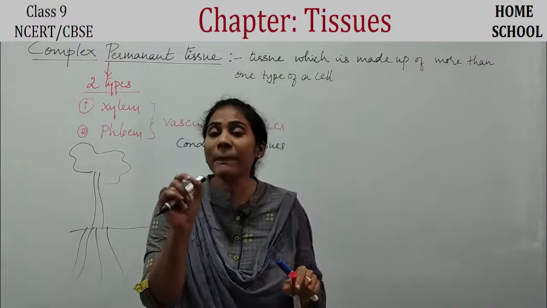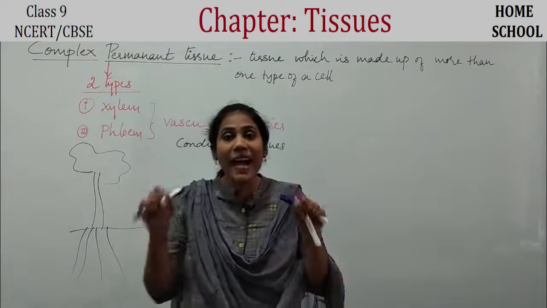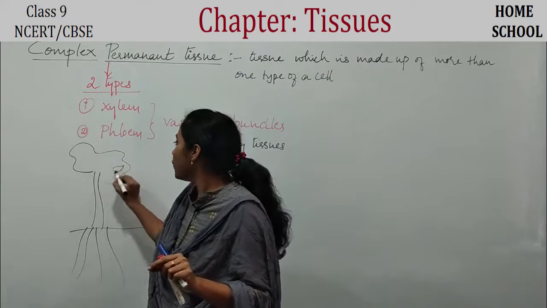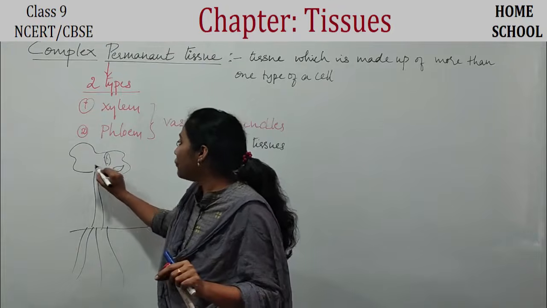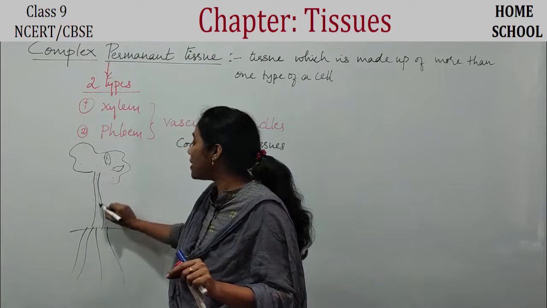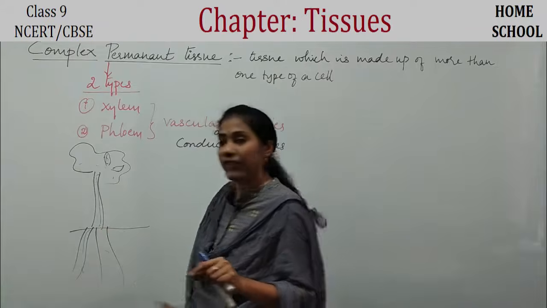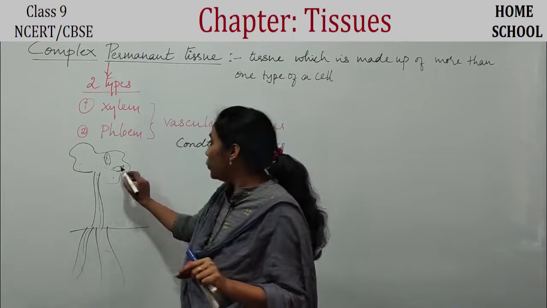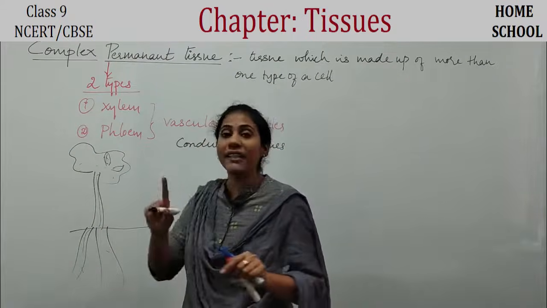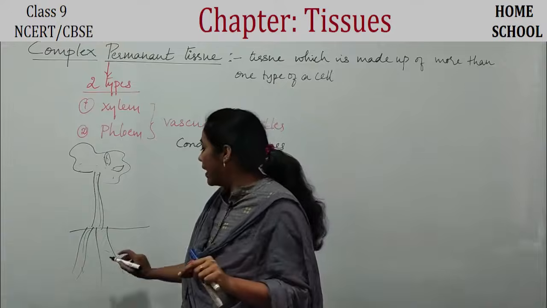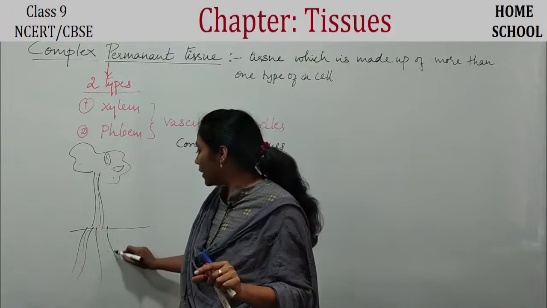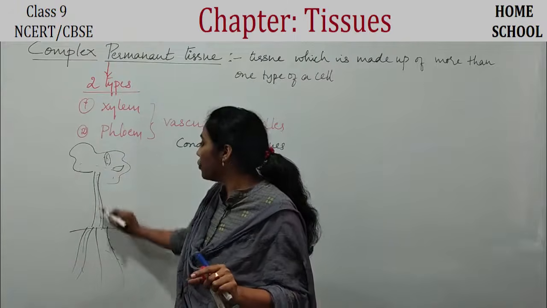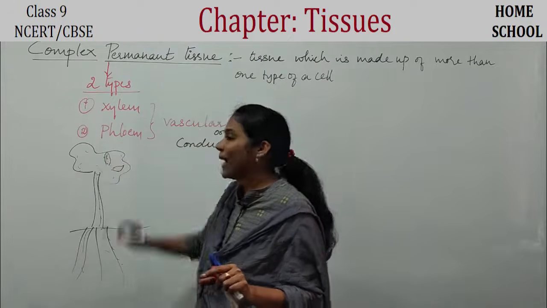Actually, food is prepared in leaves. This particular food has to go to all the branches, it should go to all the roots and everything. And to prepare the food, water is necessary. Roots absorb water mainly, and this water should pass through roots to all parts of a plant.